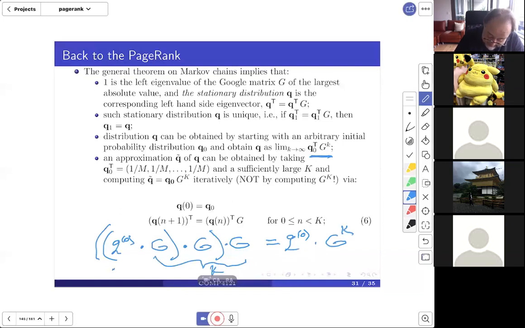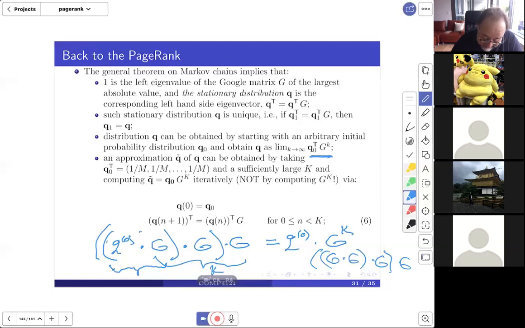Because G to the K is G times G times G times G and so forth. But you can put the brackets any way you want because matrix multiplication is associative. And as we mentioned, even though G is a full matrix, multiplying it with a vector can be done in an extremely fast way. This was this kind of messy calculation that I showed you how to do vector matrix multiplication in case of Google PageRank.